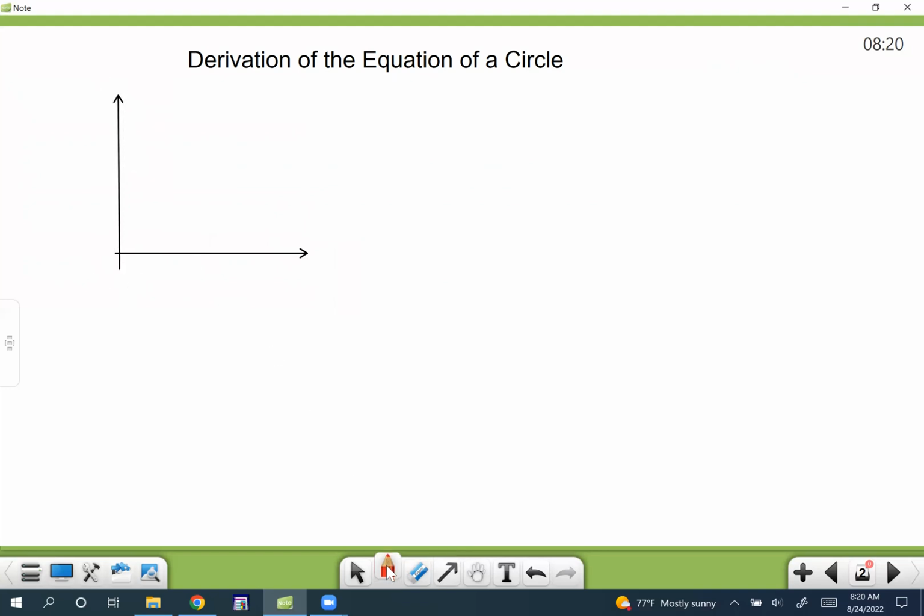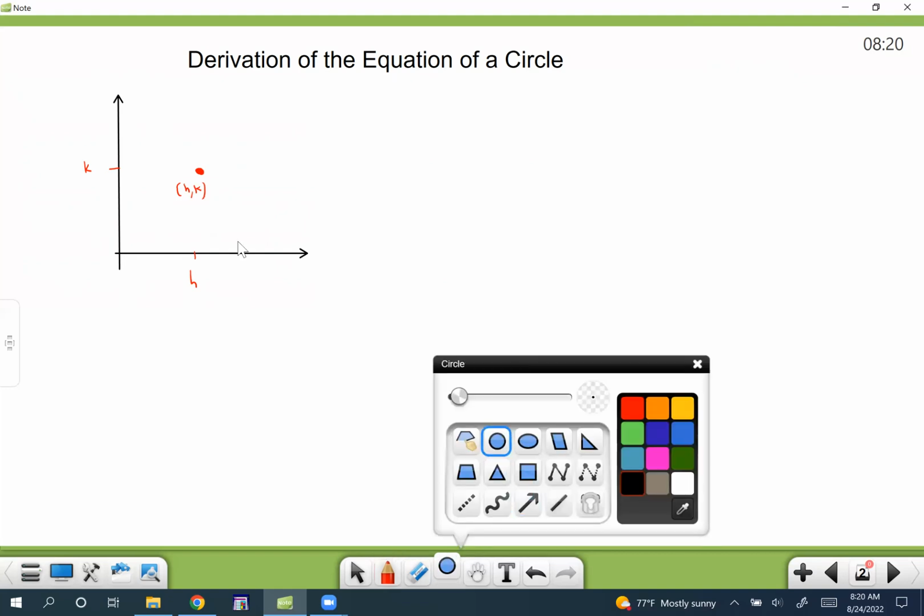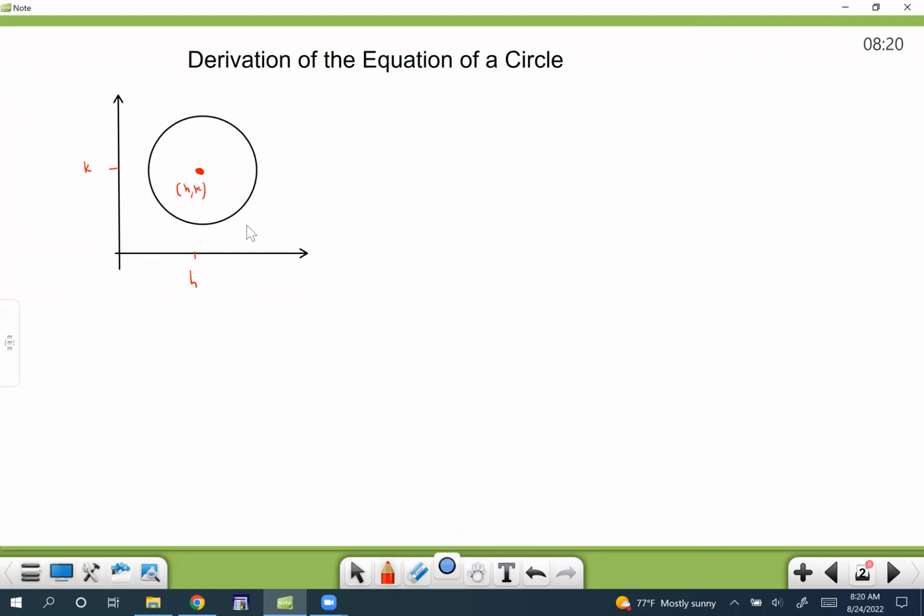All right, so let's say that we have a center of our circle, and we are going to call that center, this will be h, and this will be k. So the ordered pair will be (h, k) for the center, okay? All right, then let's go ahead and get a circle. It's going to be centered around that point, okay?